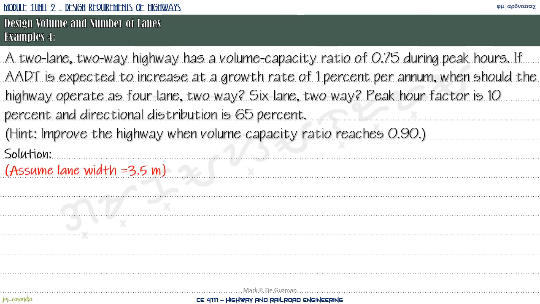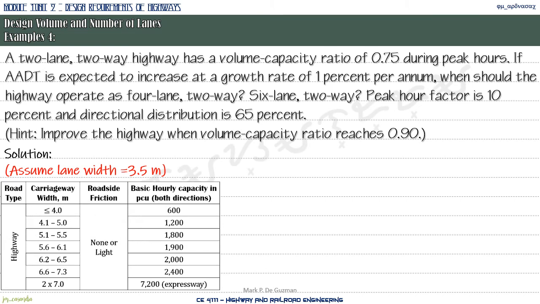So for our solution, what we have to do, assuming that the lane width is equal to 3.5 meters, we'll now use this table. So at lane width of 3.5, we are given a two-lane, two-way highway.